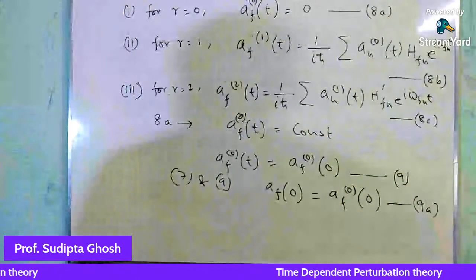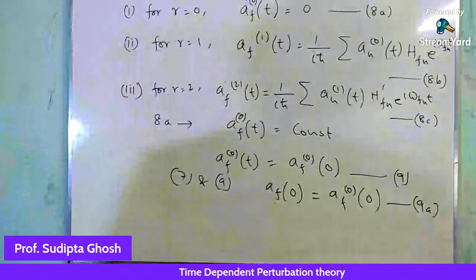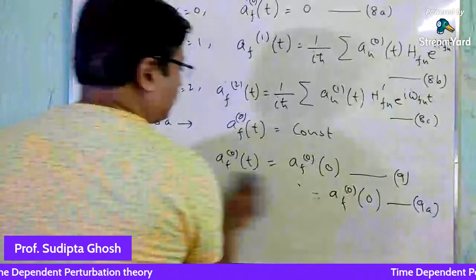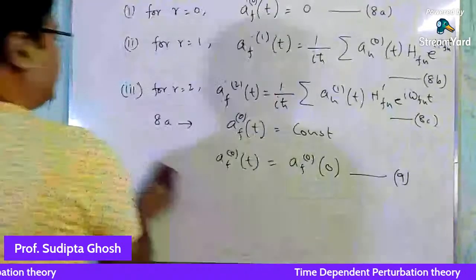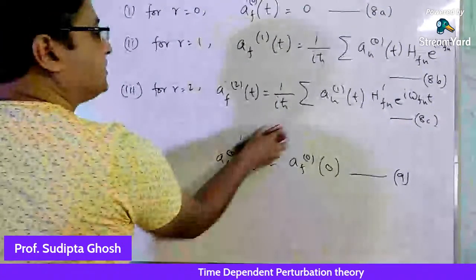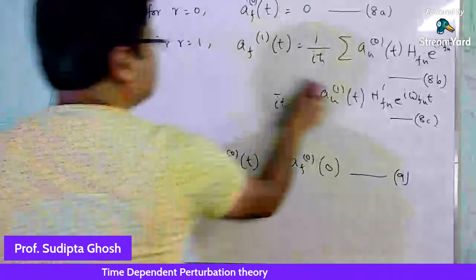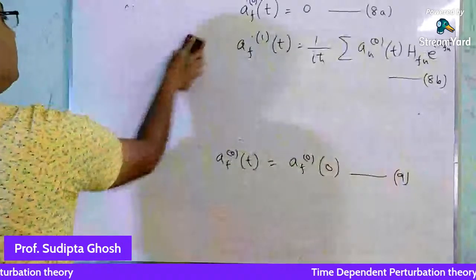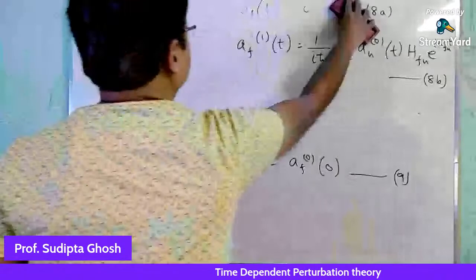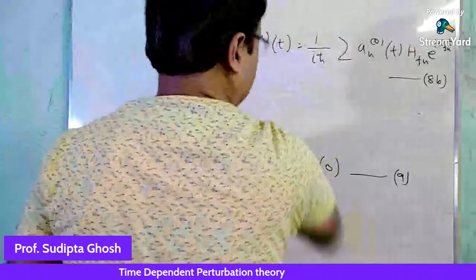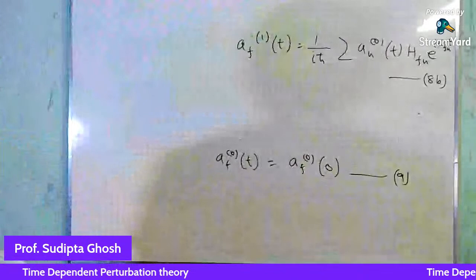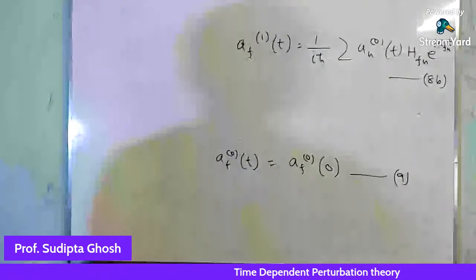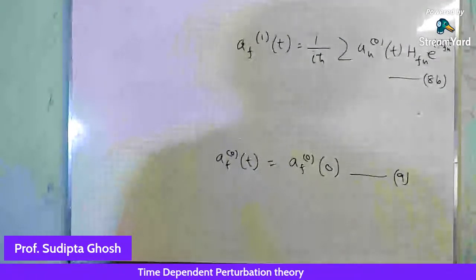After using equation 9 in equation 8b, as 8b is actually for r equals 1, we find that a_f dot 1(t) equals 1 by i h-cut a_n0(t).